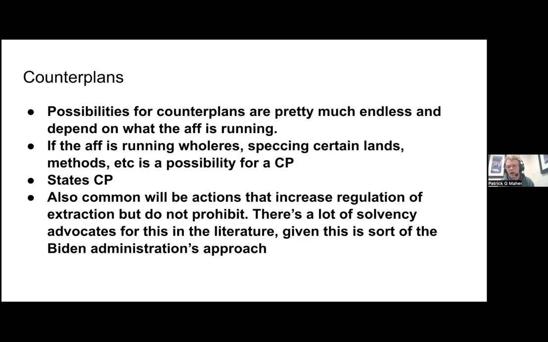So you have to be careful about mutual exclusivity with those two arguments. But I do think that it could be good because you access a different layer of the potential impacts and a different layer of solvency.